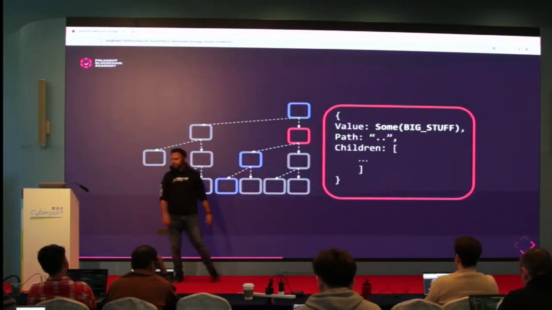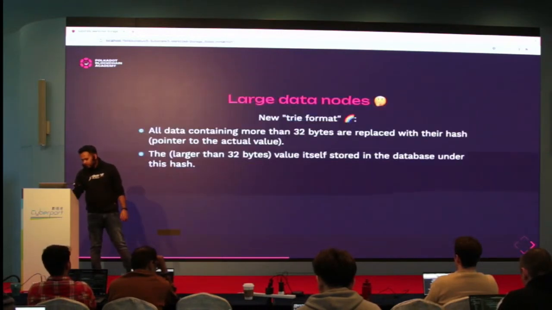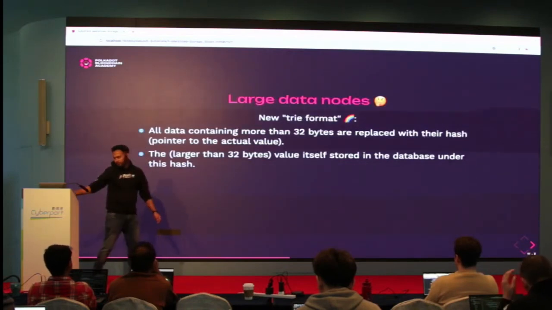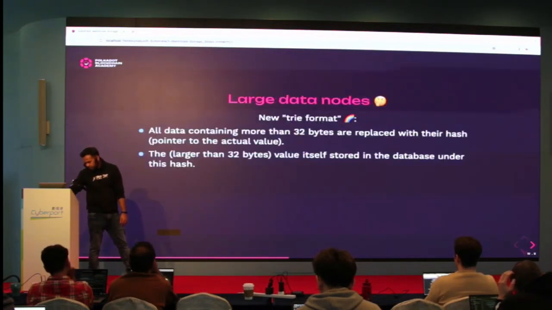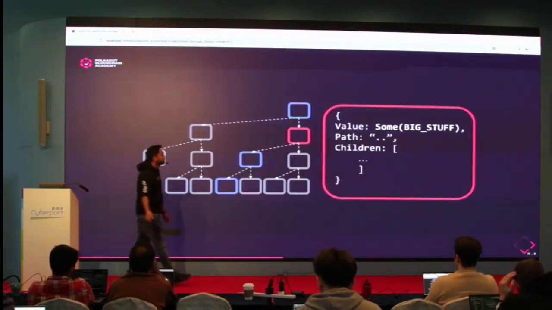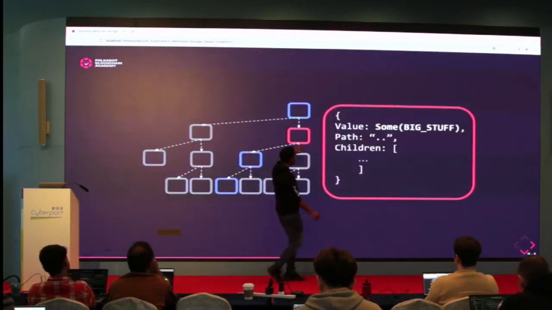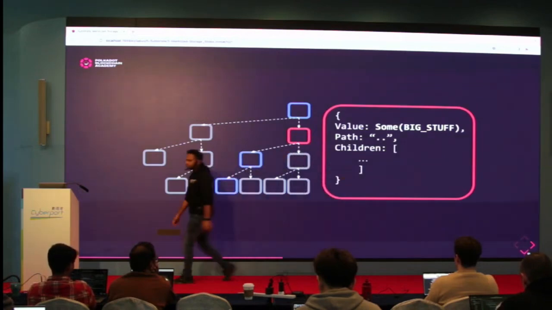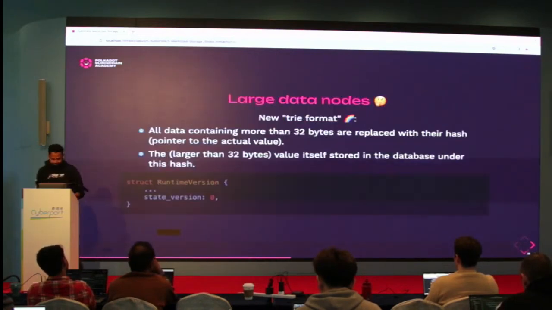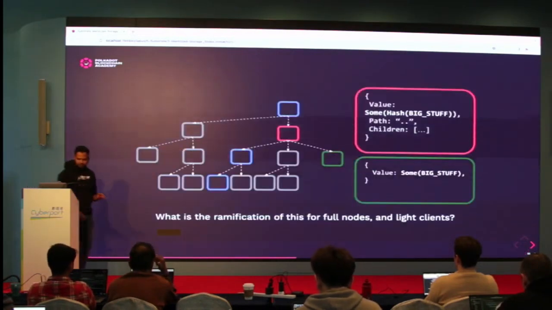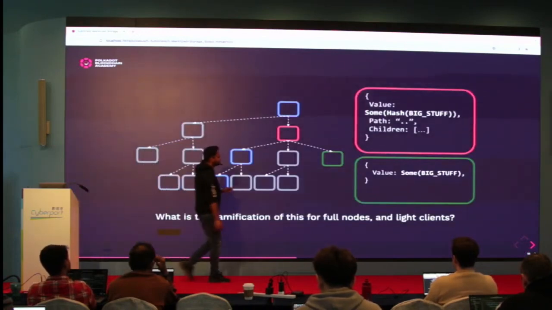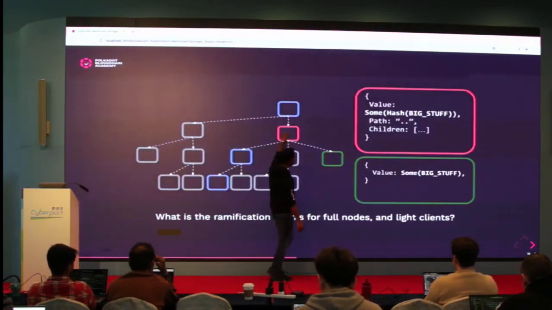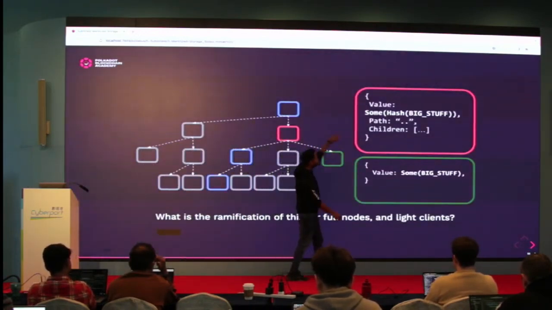So in this case, basically what we do is, you can actually stare at that picture. Instead of keeping the value here, we put a pointer and we actually put the value in another place. So the actual value is now put in another node, and here you put the pointer.